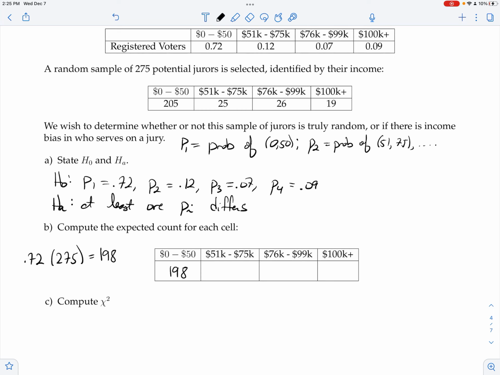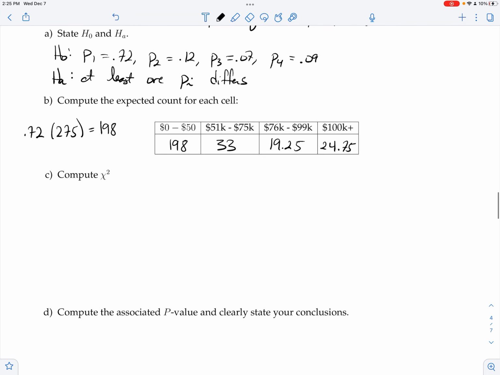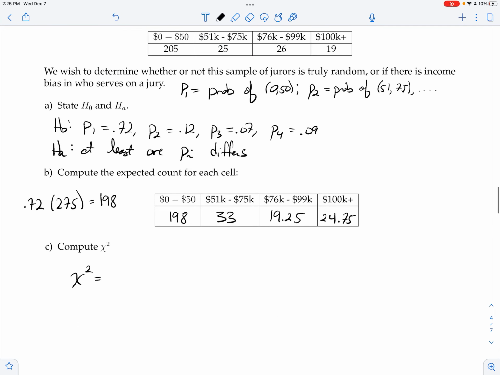0.12 times 275, you're going to get 33. 0.07 times 275, you're going to get 19.25. 0.09 times 275 is going to give you 24.75. So you can compute chi-squared, and I don't really want to write them all out. I'll do the first and last one.